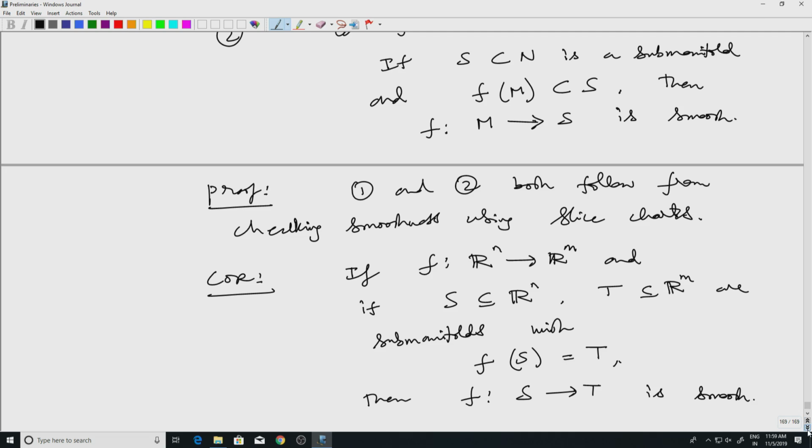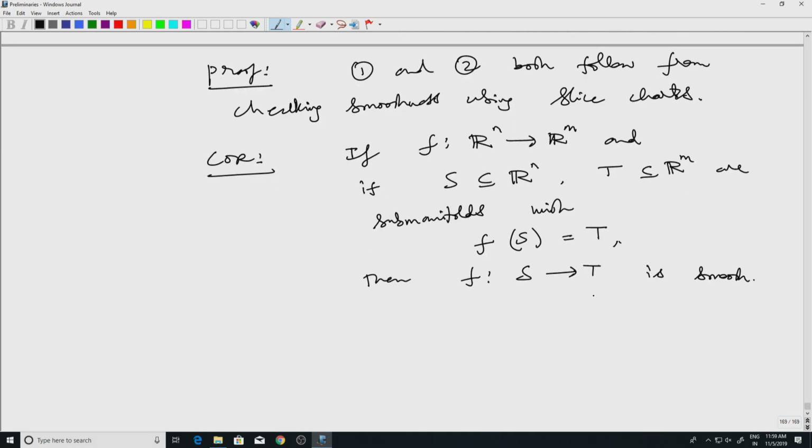So the point is that I no longer have to worry about charts and so on. If it extends to the whole of Euclidean space, just work with the usual definition of smoothness in terms of partial derivatives, and one is done.